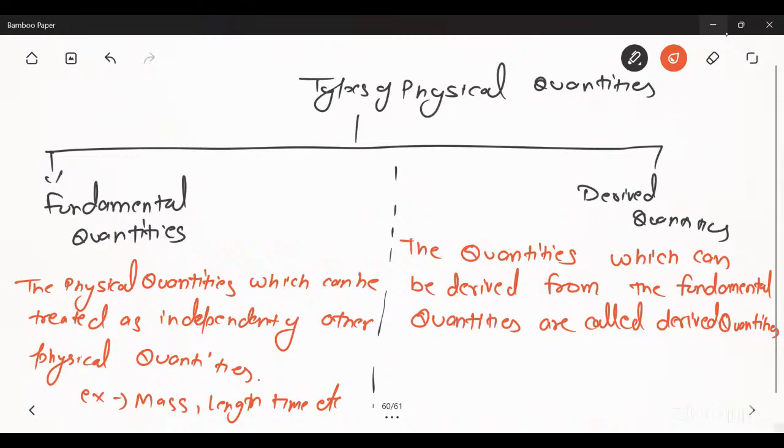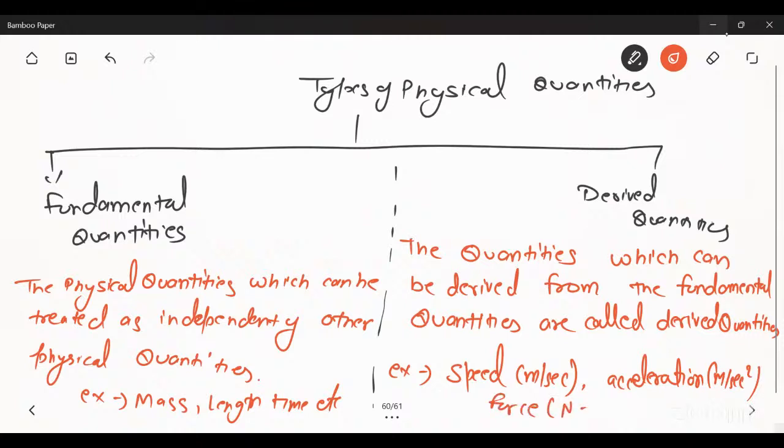Examples of these are speed, which is denoted by meter per second. Next is acceleration, which is denoted by meter per second square. Force: the SI unit is Newton, which is equal to kg meter per second square.